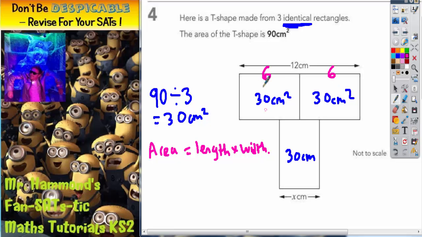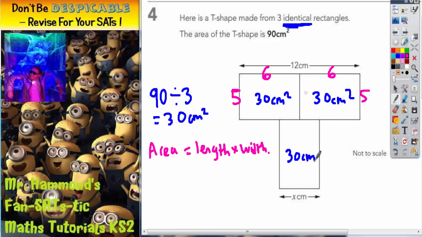Once we know that, we can work out the width, because the width times 6 gives us 30. So what number times 6 gives us 30? Well, it's got to be 5. 5 times 6 is 30, and 5 times 6 over here is 30.